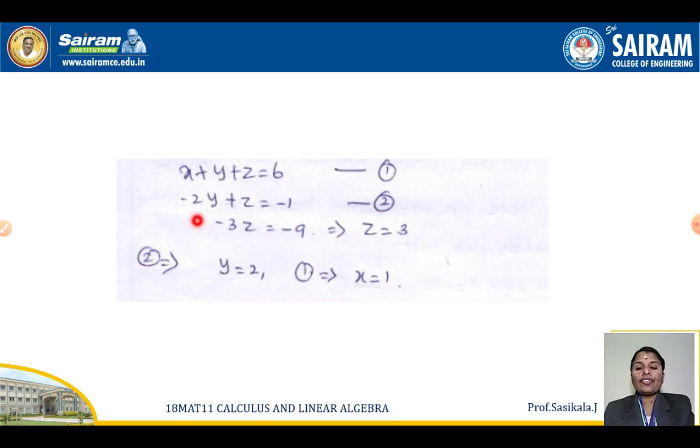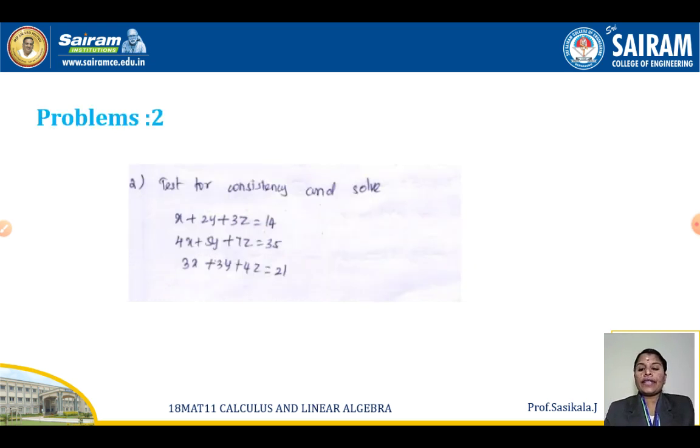Minus 2y plus 3 equals minus 1. Taking the 3 to that side, it will be minus 4, isn't it? So minus 4 divided by minus 2 becomes 2. The y value is 2. Substitute the z and y values into the first equation and you can get your x value. That's all. Okay.